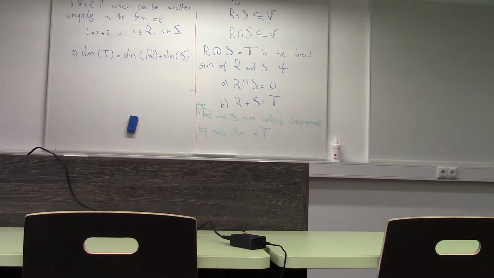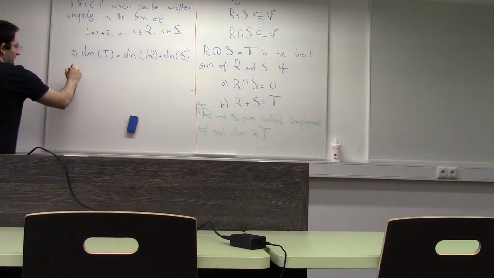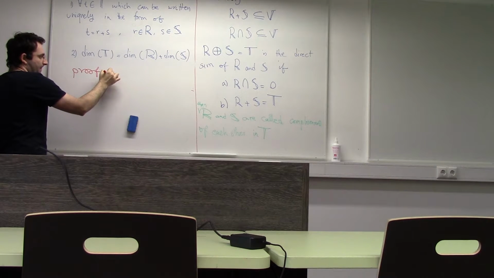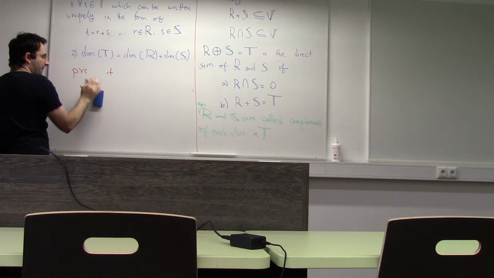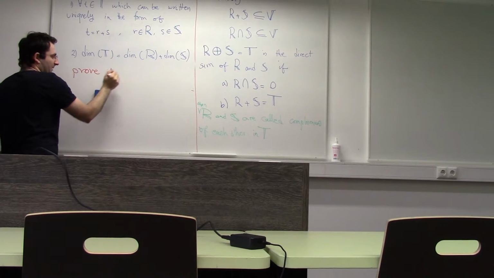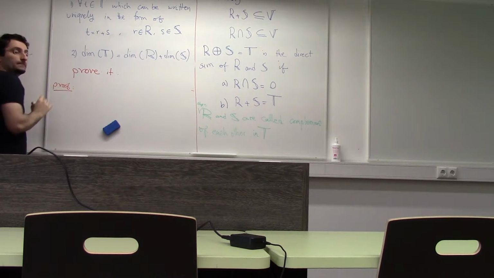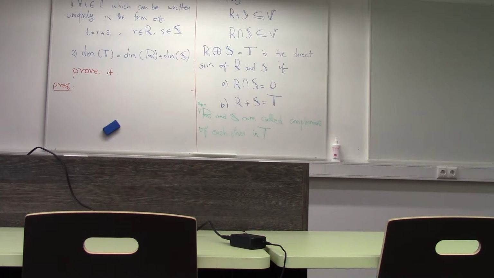Okay, I want you to think about this. Prove it. Show me your proof that for any t belonging to T, we can create a unique form of r plus s.